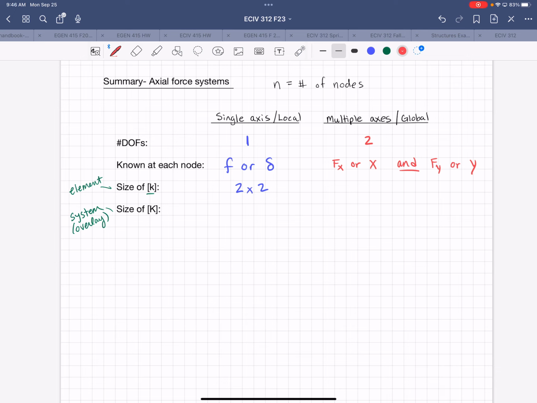For a truss, the element stiffness matrix would be a 4 by 4, and that's in terms of global displacements and forces. And then for a whole system, it depends on how many nodes you have. For a single axis, it's n by n. For a truss, it's 2n by 2n.